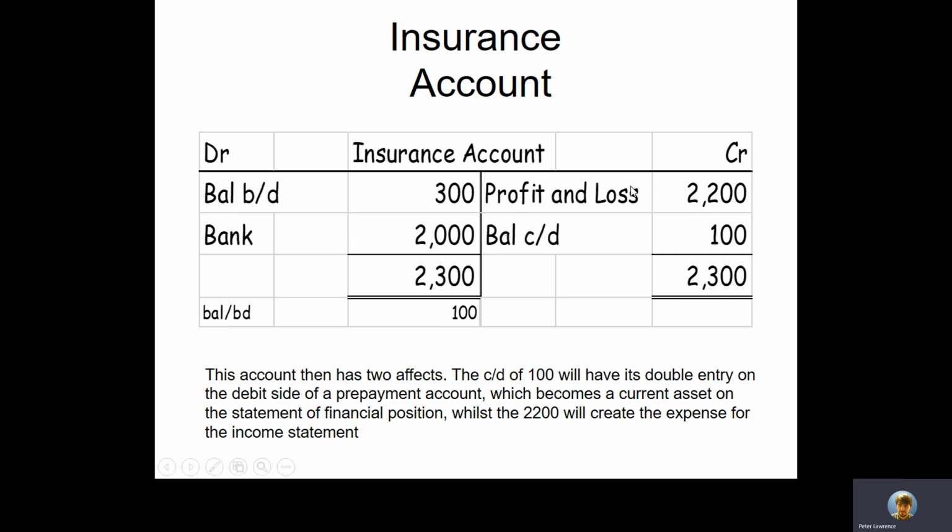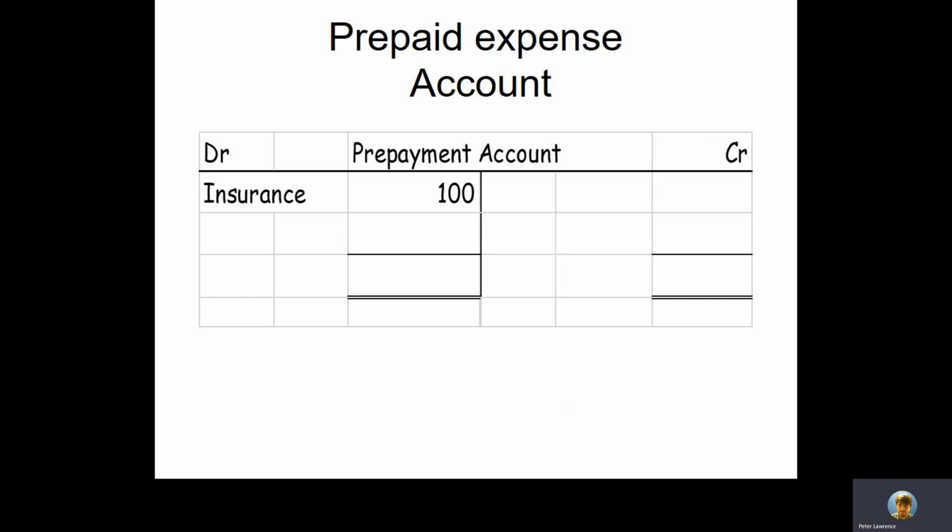And that balances off as our profit and loss figure of 2,200. So it becomes a current asset on the balance sheet. So we paid for something in advance. Even though we've lost the money, we are now owed insurance. So it will become a current asset on the balance sheet.